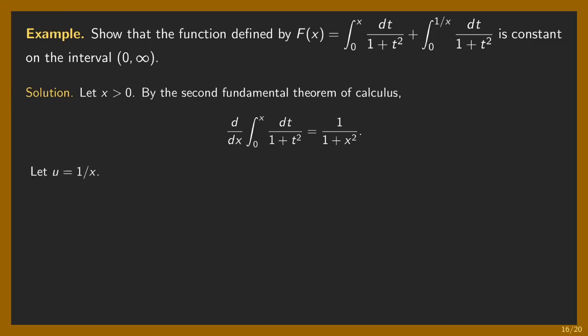Now, the derivative of the second one is kind of tricky because the upper limit is not x, which is what the second fundamental theorem expects. So we use the chain rule. Let u be 1 over x.